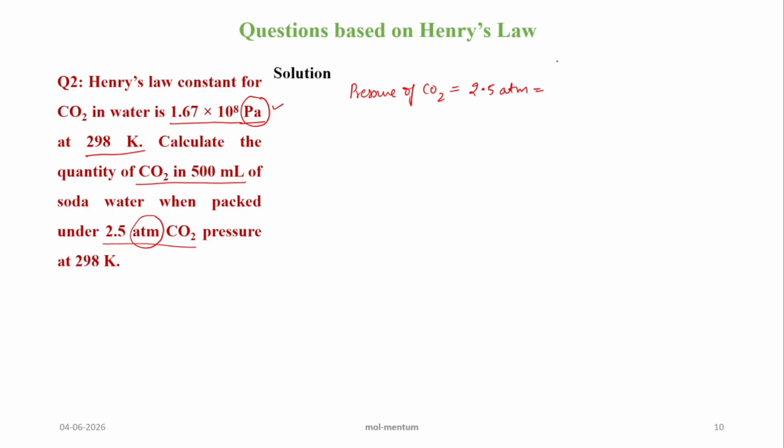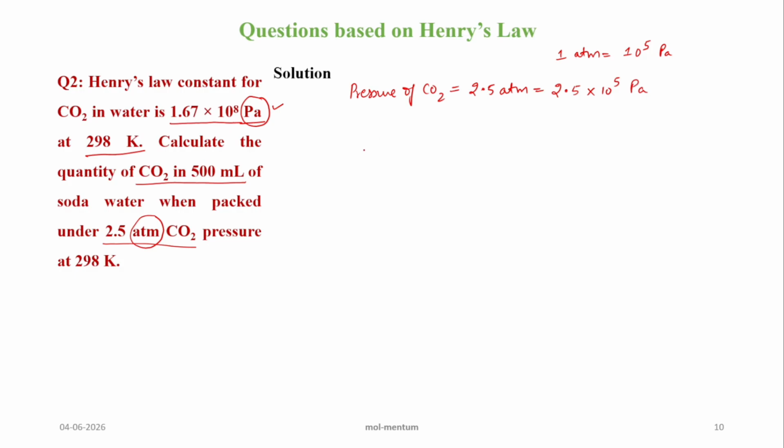Although 1 atm is actually 1.0135 something, I'm roughly taking 1 atm as 10 to the power 5 Pascal directly. You can also use it, but the actual value is somewhere 1.013 into 10 to the power 5. So 2.5 atm I will directly convert into Pascal: 2.5 into 10 to the power 5 Pascal.